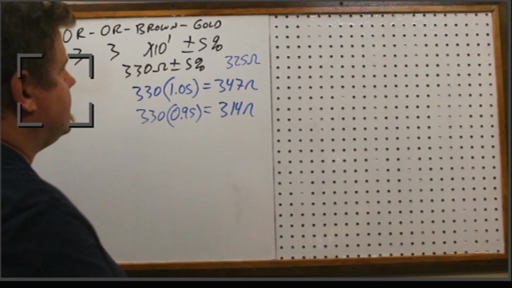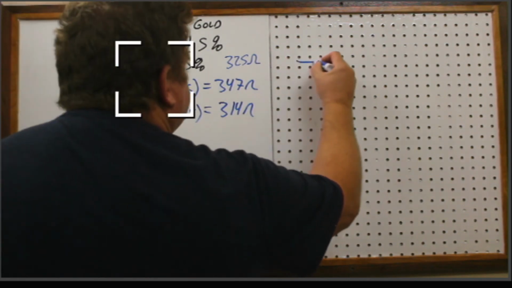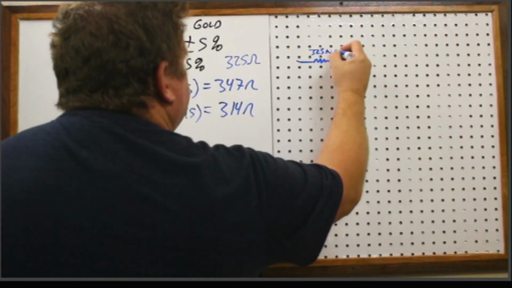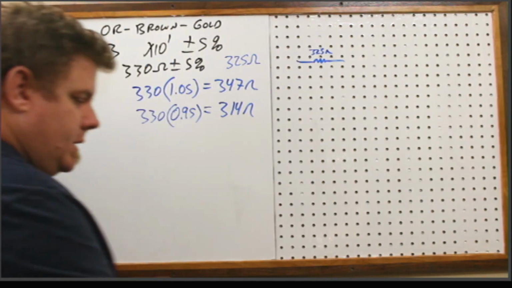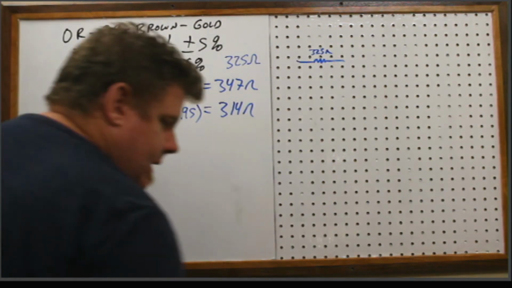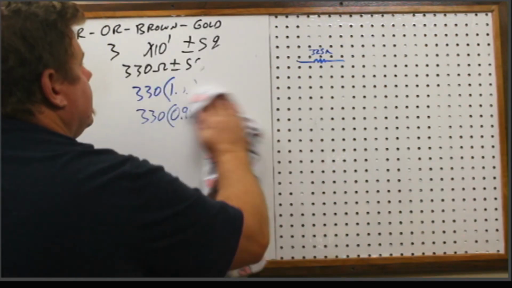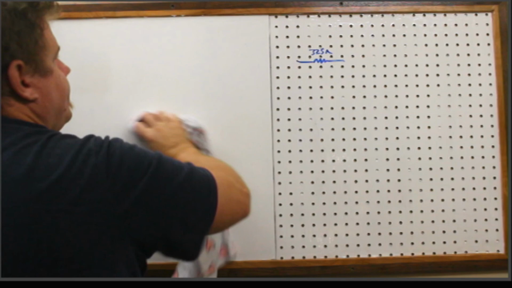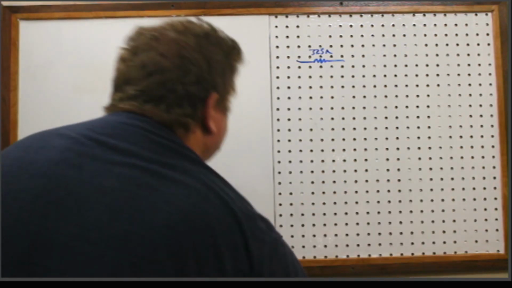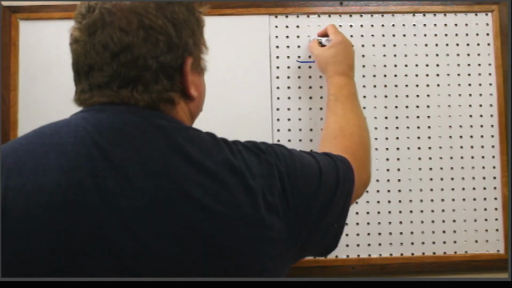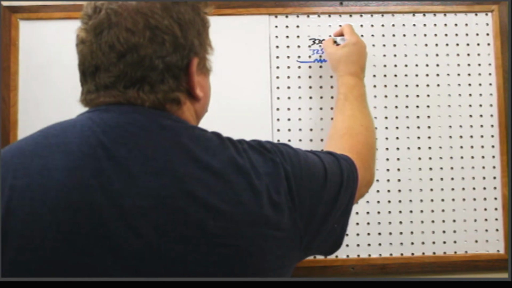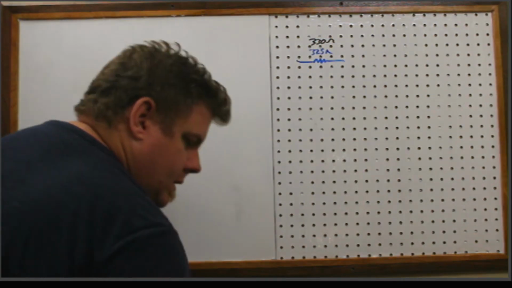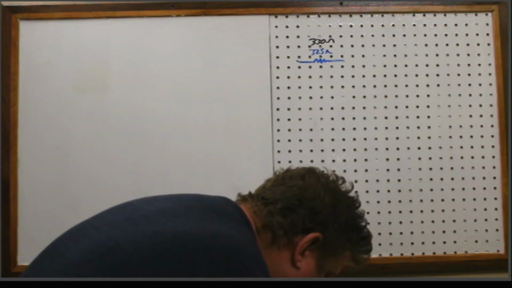Yes, it does. Okay, so that's one of my resistors that I'm going to use over here. So 325 ohms. I have that one available. Okay, let's go ahead and do the next one. And this is for a 330 ohm. Okay. Now, where's my next one? So that's my 330.